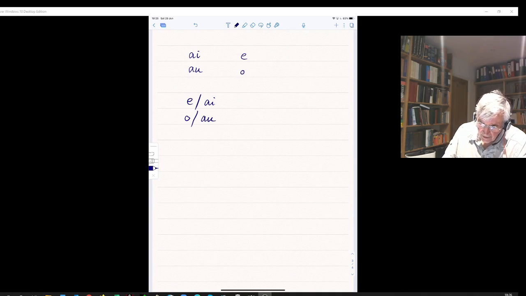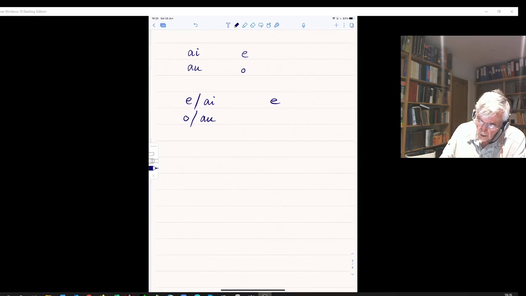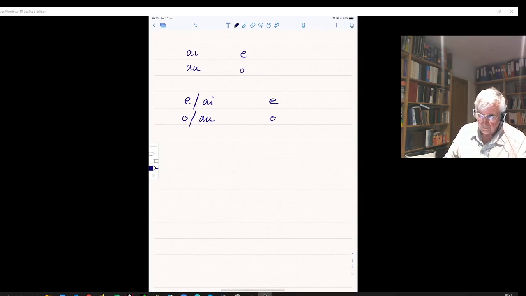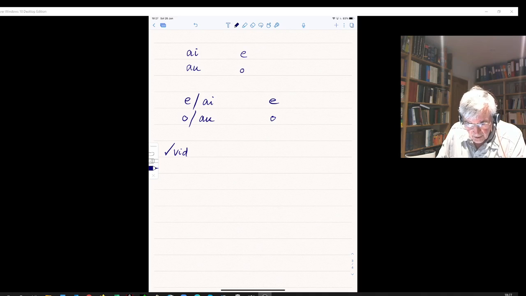But in Pali, it's all E. E and ai both become E, sorry. Oops. O and au both become O. Let me give you an example here. Vid. We see that root in Pali as well. Veda. By guna, Veda. Same in Sanskrit and Pali.